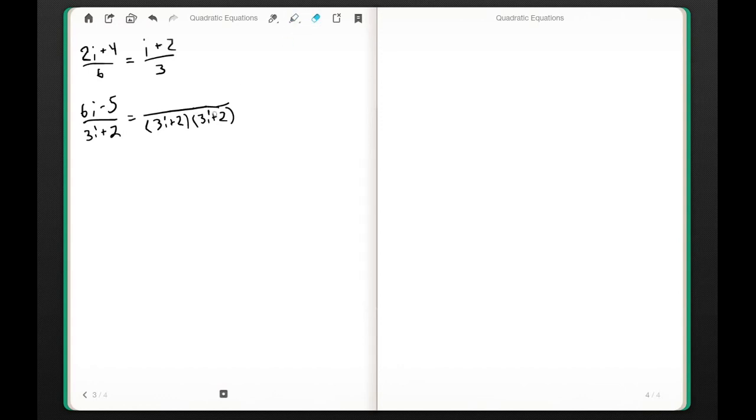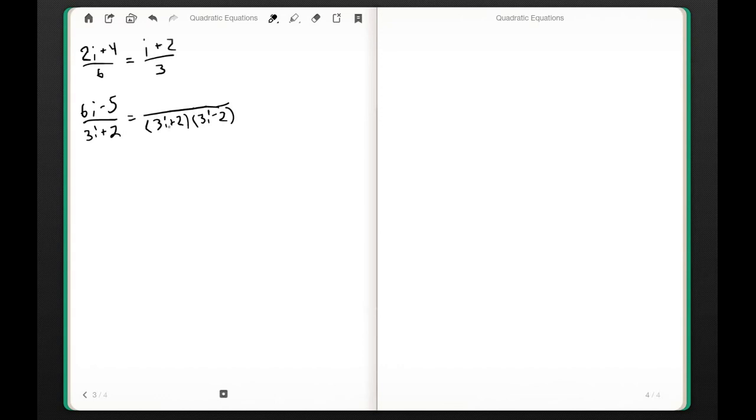Well, what if we change this to 3i minus 2? 3i plus 2 times 3i minus 2. Now we have, this is negative 6i and positive 6i. So those cancel out, and we'll be left with no i's.